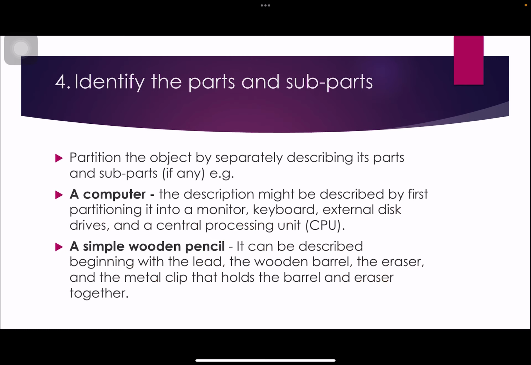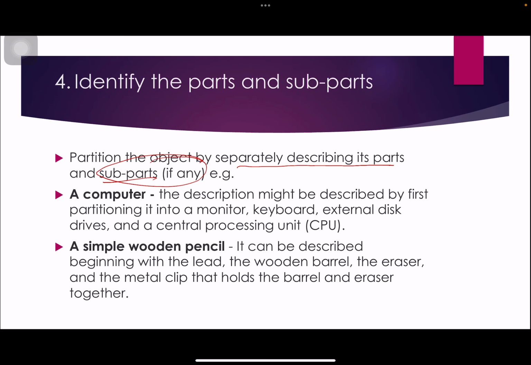Next, identify the parts and subparts of the product. So you need to describe the product by separately describing its parts and subparts. Subparts here if any. If there are no subparts, it shouldn't be a problem. For example, here we have a computer.